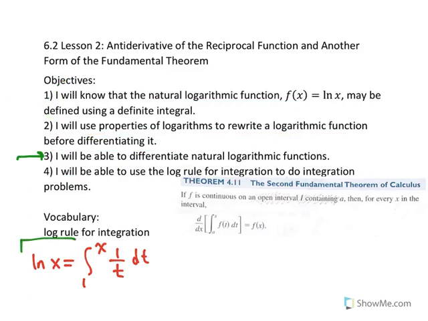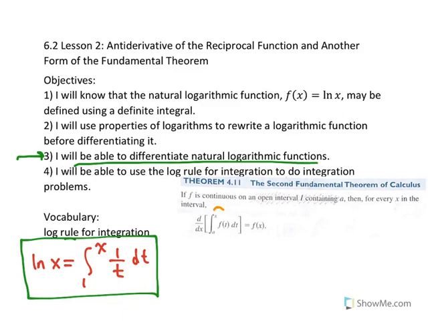So here's how we define the natural log function as a definite integral. It is the definite integral of 1 over t dt from t is equal to 1 to t is equal to x. So how do we find the derivative of the natural log function? We may use the second fundamental theorem of calculus, because the second fundamental theorem of calculus tells us how to find the derivative of a function that is defined using a definite integral.